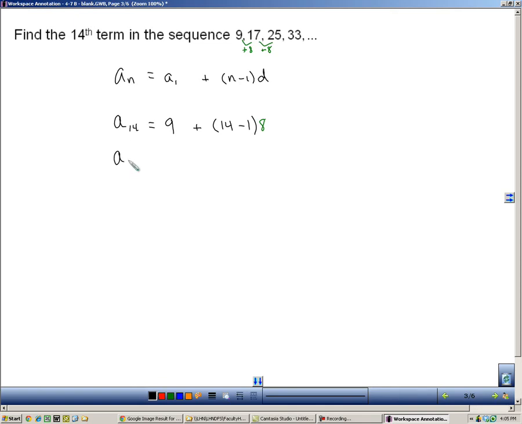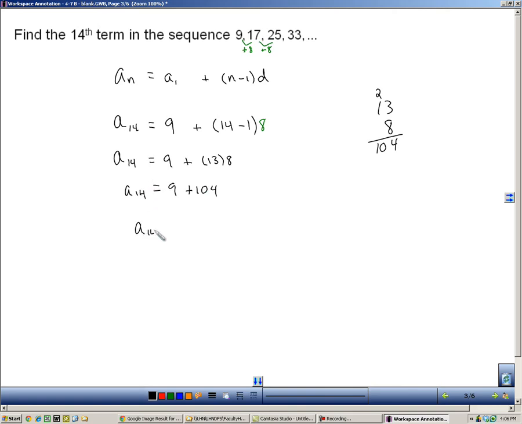So to find a sub 14, or the 14th term, we're going to take 9 plus 13 times 8. Well, what's 13 times 8? 8 times 3 is 24. Carry the 2. 8 plus 2 is 10. So that's 9 plus 104, which is 113.